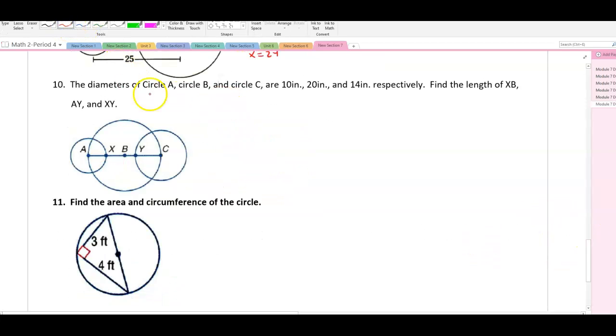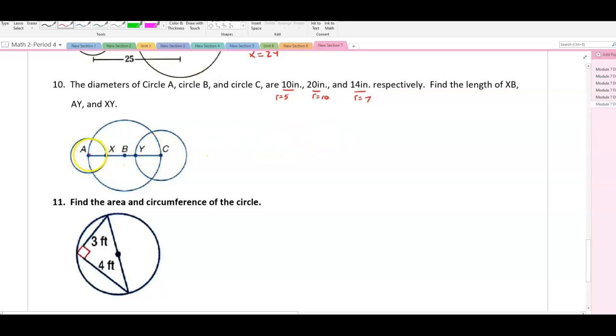So for number 10, they tell you the diameters of circles A, B, and C are 10, 20, and 14 respectively. Now, when you think of it, if the diameters are 10, 20, and 14, what you have to know is the radius is going to be 5. This radius is going to be 10. This radius is going to be 7.